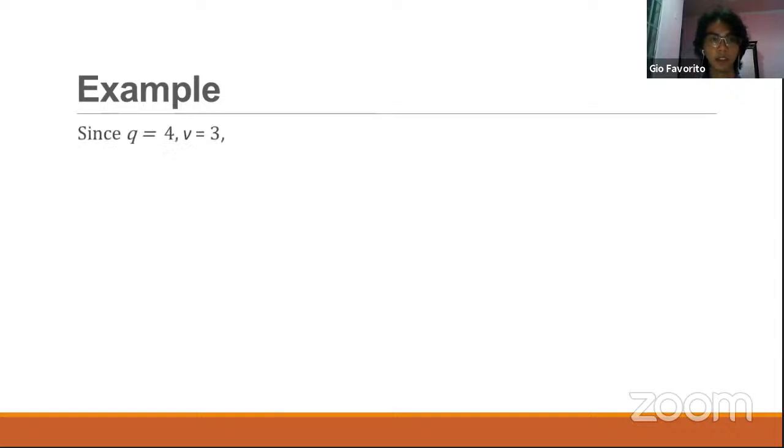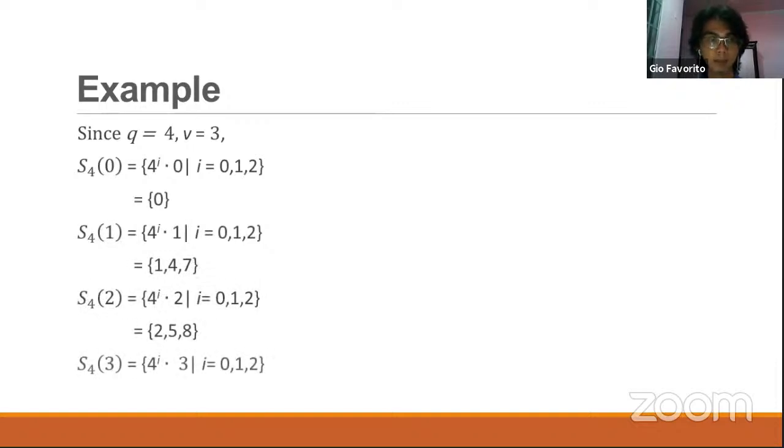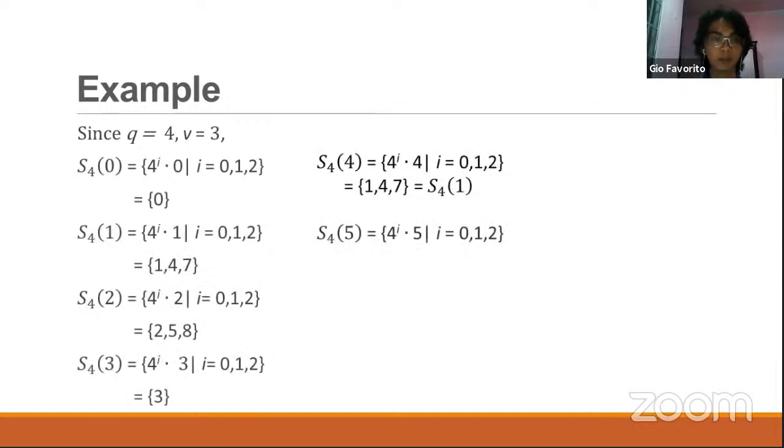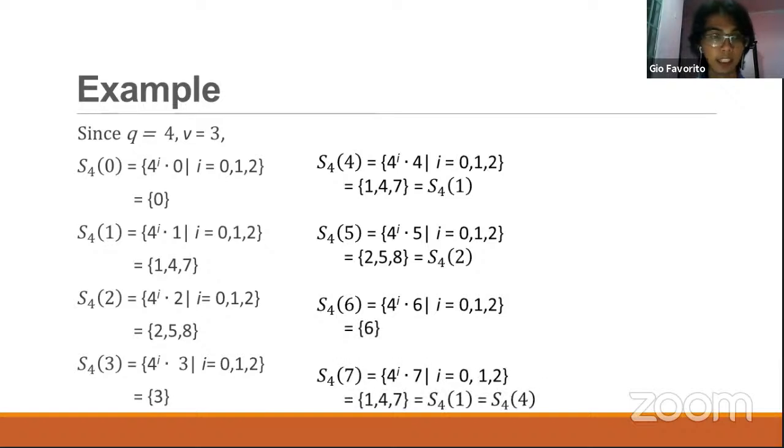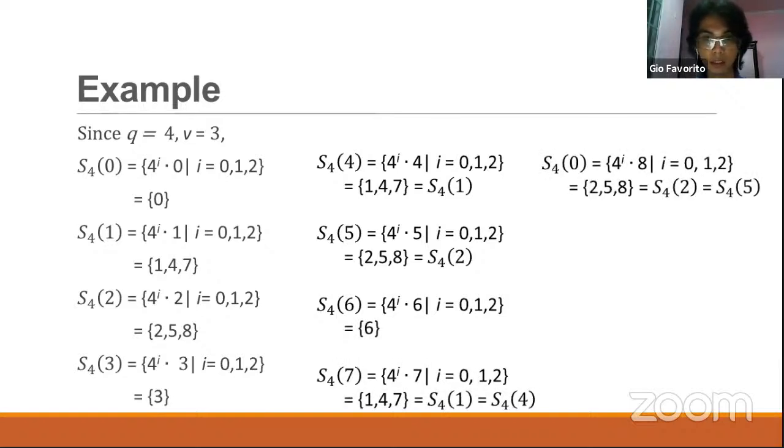So, since Q is equal to 4 and nu is equal to 3, iniisa-isa natin yung elements ng H from 0 to 8, sorry, di ko na-edit sa dulo, multiply from I from 0, 1, 2, from all.